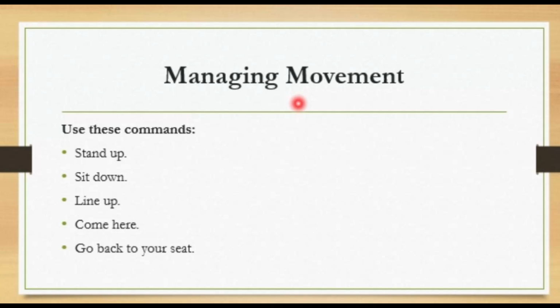Children move a lot. That is normal. But we need to use clear commands like the examples here: stand up or sit down, line up, come here, and go back to your seat. And we also need to show with our hands by giving them an example and by making them know what they need to do.